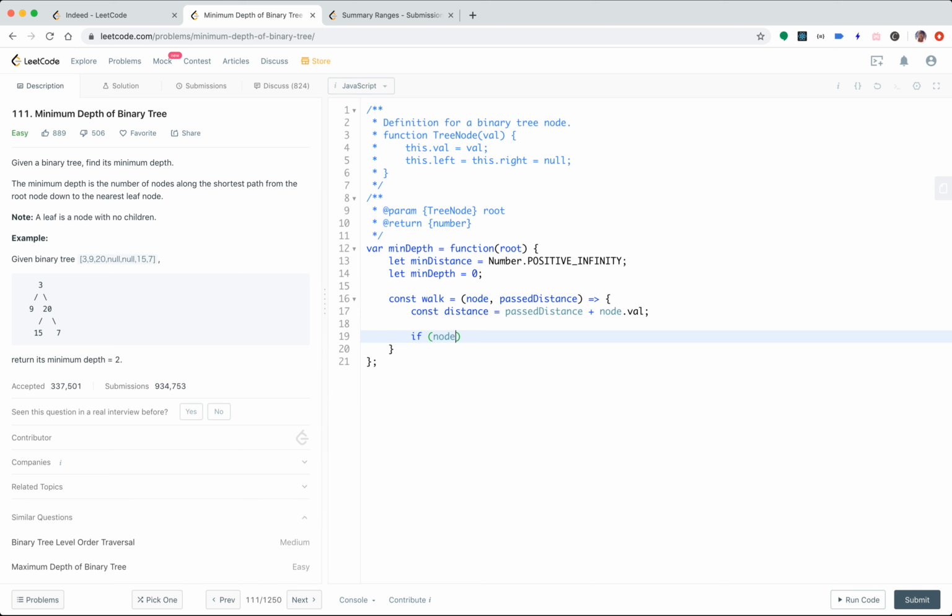If node left, then we will walk. If node left is null and right is null, then we say we met a leaf node.